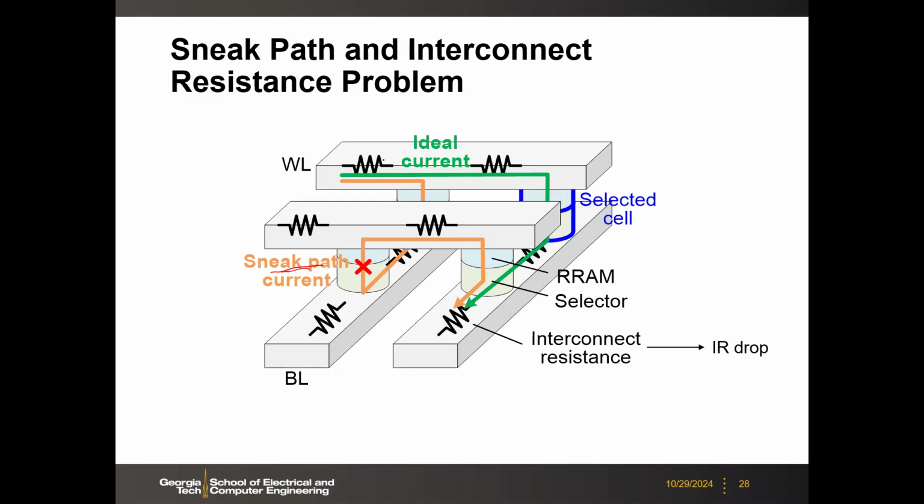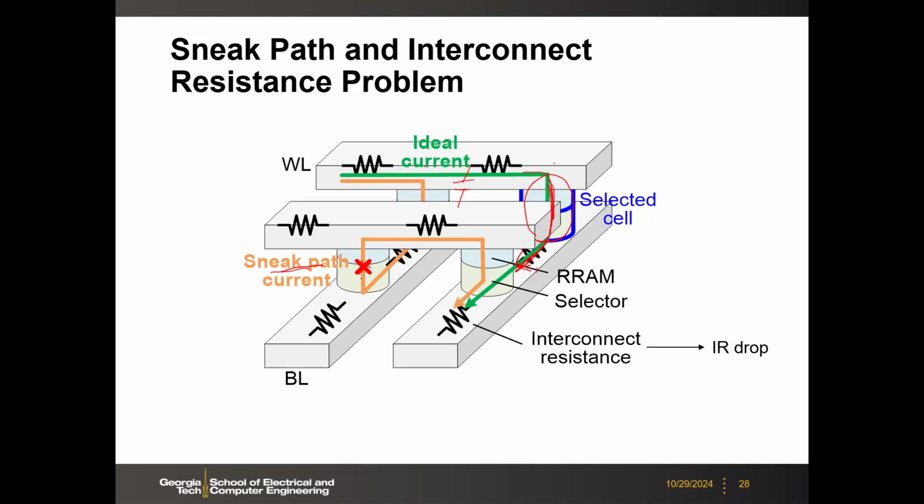So that means from cell to cell, you have some parasitic resistance. Of course, you have parasitic capacitance as well, the bit line, word line capacitance. And then the sneak path is through the unselected cell. For example, this is a selected cell, so you want the current to flow mostly through this selected cell.